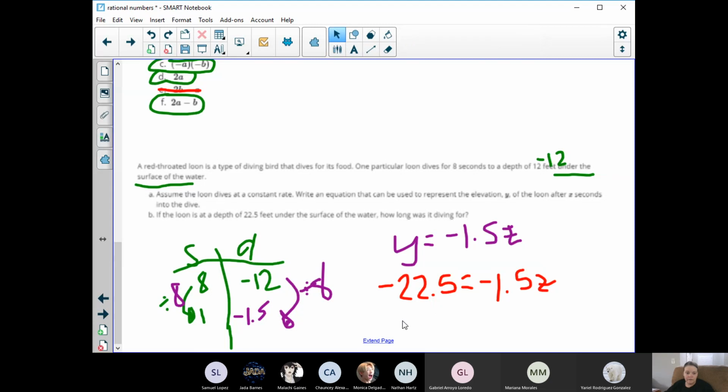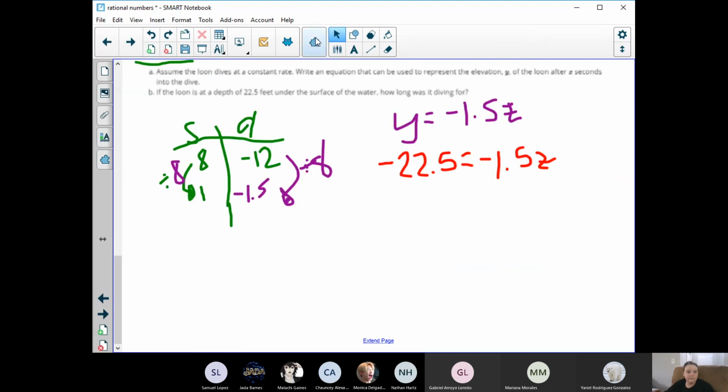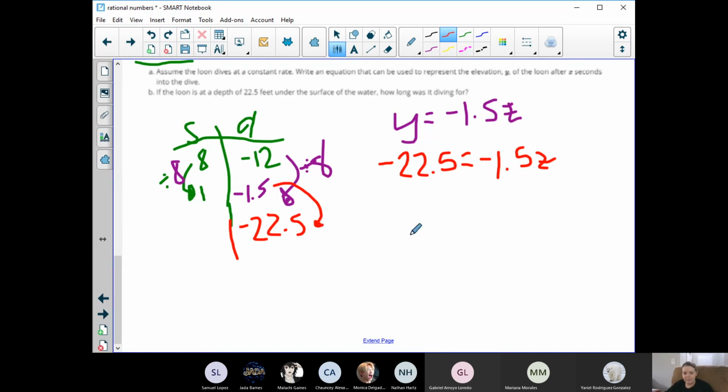So if I want to go from negative 1.5 to negative 22.5, what am I going to multiply by?